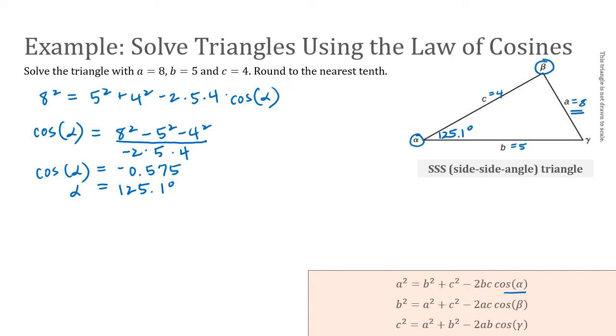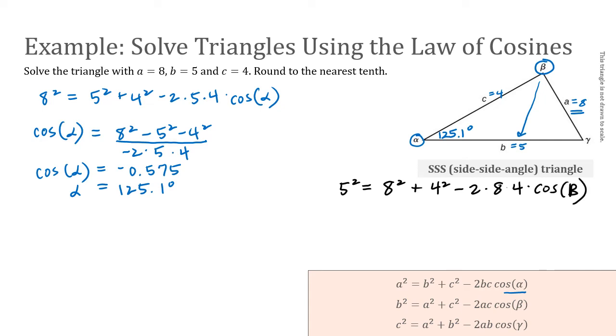I'm going to do exactly the same process. I'm going to say that across from beta is 5. So I'm going to say that 5 to the second power is equal to 8 to the second power plus 4 to the second power minus 2 times 8 times 4 times the cosine of that angle beta.